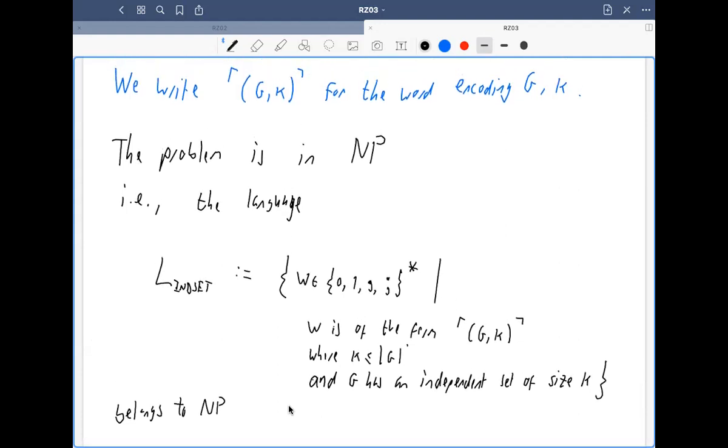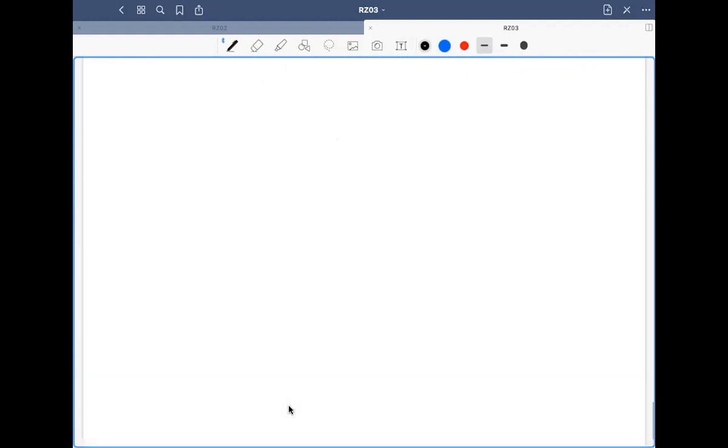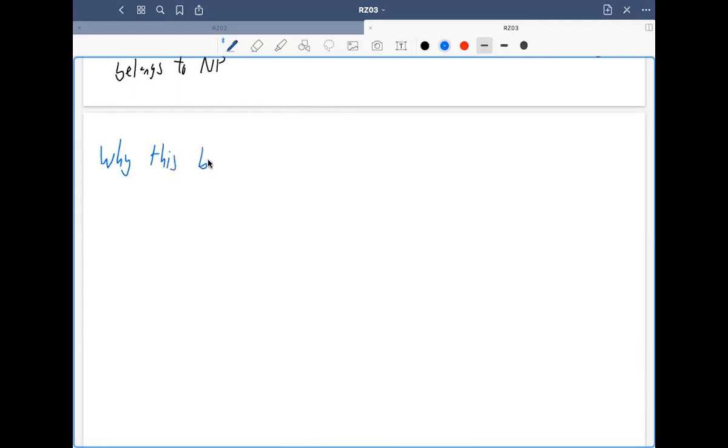So I want to give you a little argument to explain why this is a non-deterministic polynomial time decidable language, why this belongs to NP.